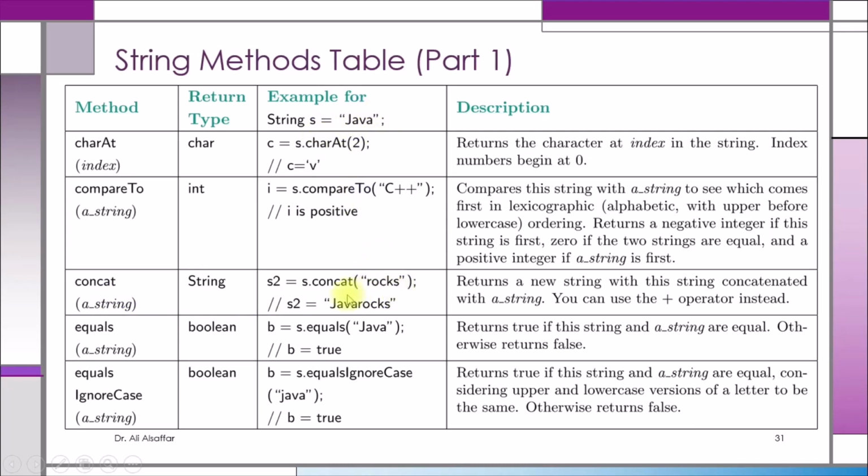What the concat will do is take the string inside s, which is Java, and combine it, making it next to Rux. So the answer that we will retain as a string is JavaRux, and because I'm using equal, it will be saved into n2. So it returns a new string with this string concatenated. You can use the plus operator instead.